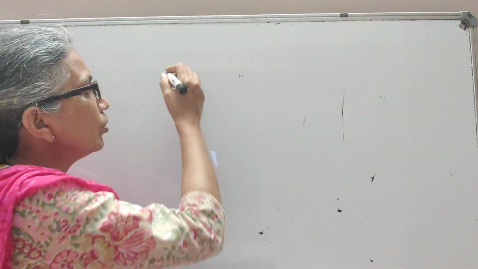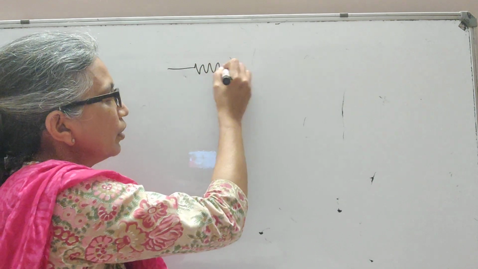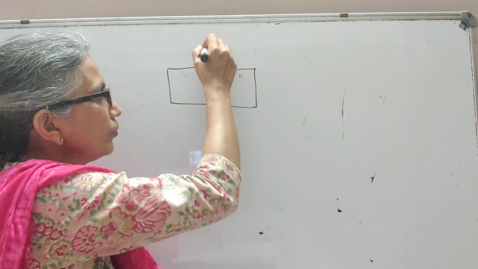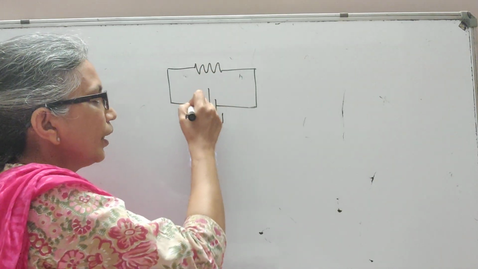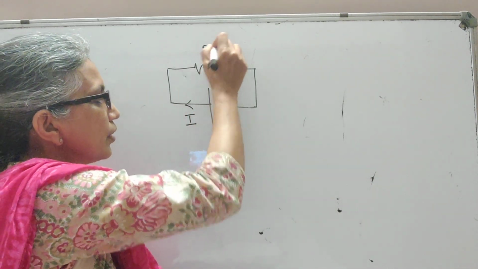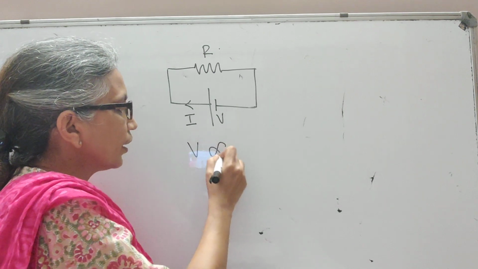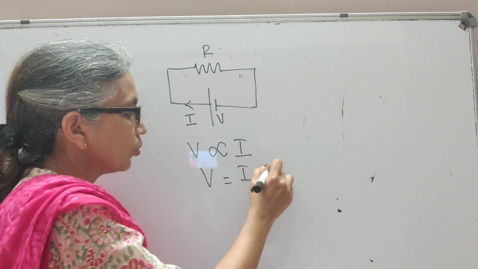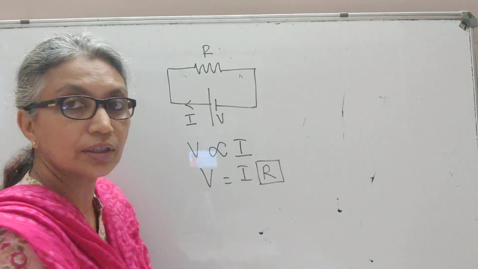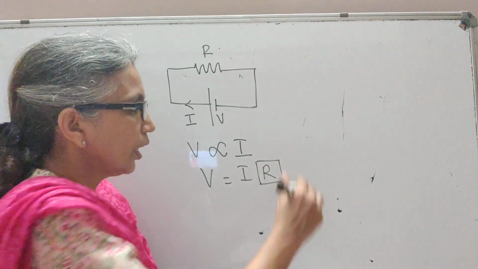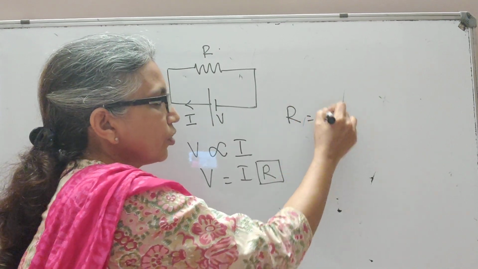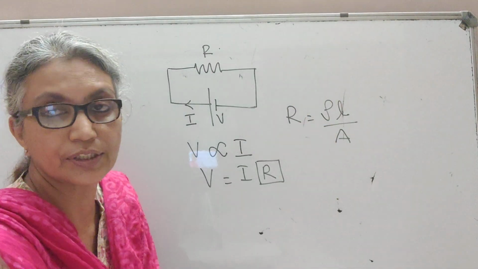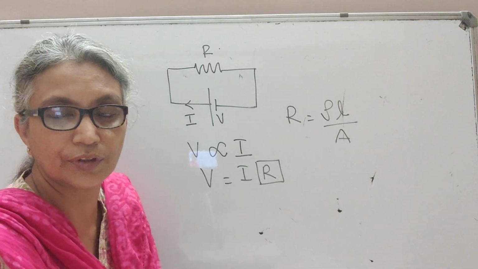Ohm's law simply tells you that if you have a resistor connected to a battery like this, of V volt and current I, this is resistance R. V is directly proportional to I, or V is equal to I into R, where R is called the constant of proportionality, and R, as you know, depends on rho L by A, where rho is the resistivity of the conductor, depending on the material of the conductor.